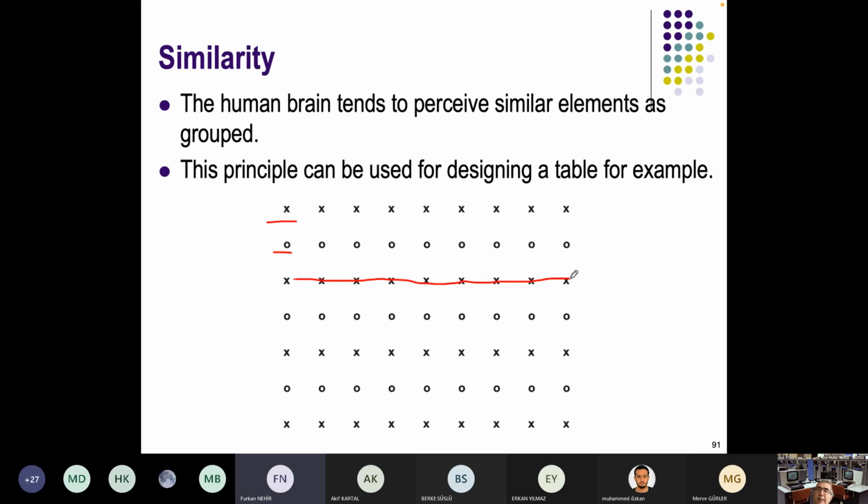So similarity also affects the brain to make different things related. And the brain tries to form bigger abstract entities. In this example, that entity is a line. In other examples, the entity could be a different shape, a different object. Sometimes an image can be conveyed.